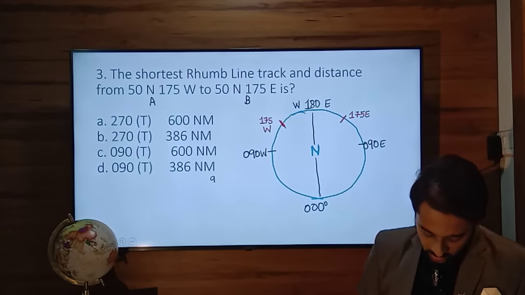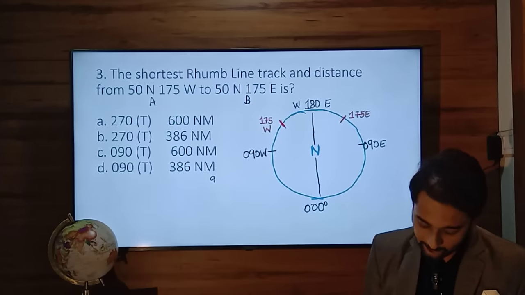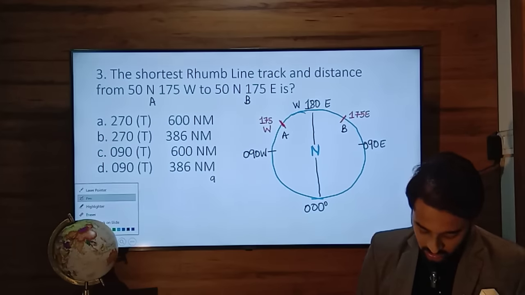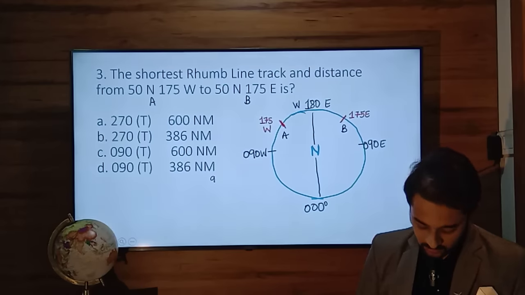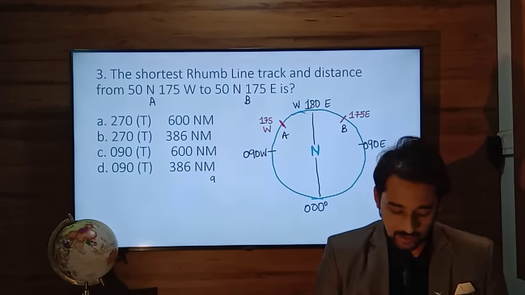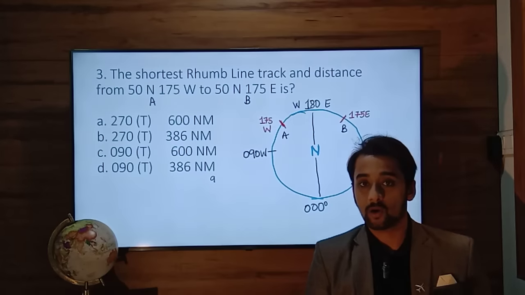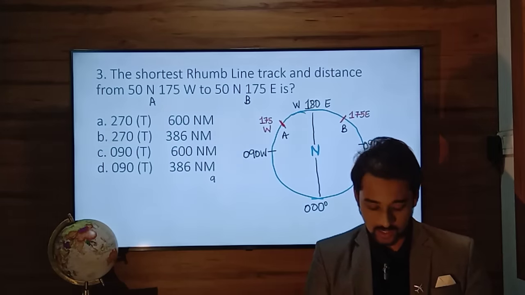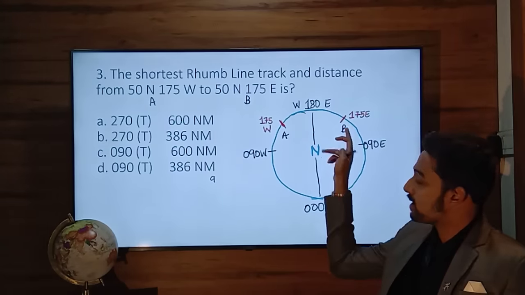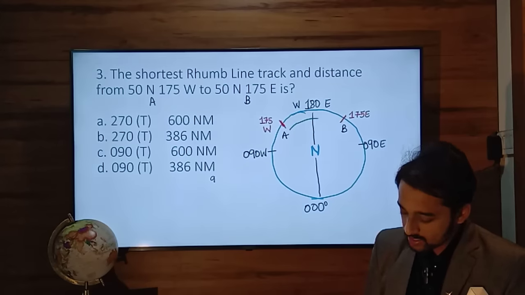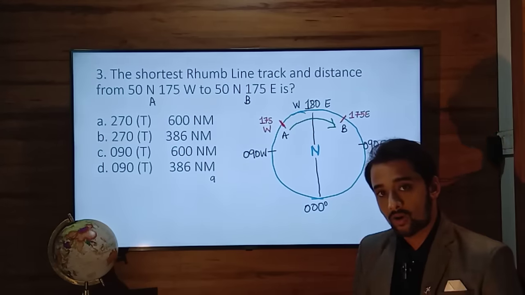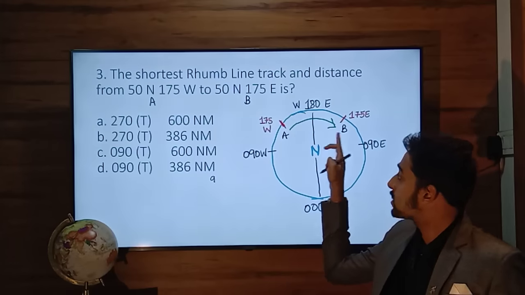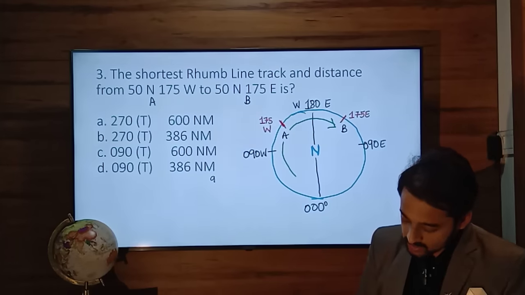Next point. Now we are going from A to B. The closest direction. So always we find the shortest distance. If we want to go from one place to another place, we find a way that will give us the shortest distance. So I can go from A to B in a clockwise direction, or I can go from A to B in an anti-clockwise direction.